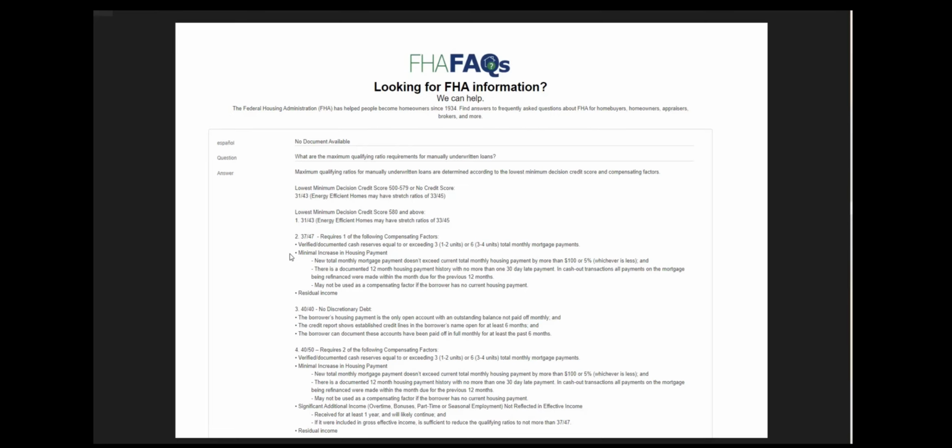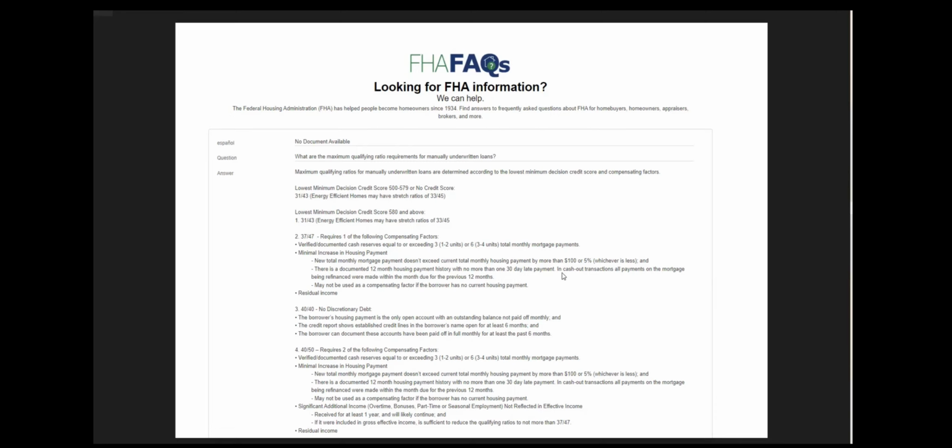Also, the second compensating factor that's available to you is a minimal increase in housing payment, and that is described as a new monthly mortgage payment that does not exceed the current monthly housing payment by more than $100 or 5%, whichever is less, and that there is a documented 12-month housing payment history with no more than 1 30-day late payment.